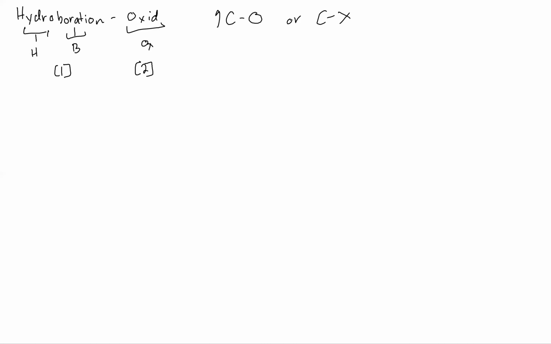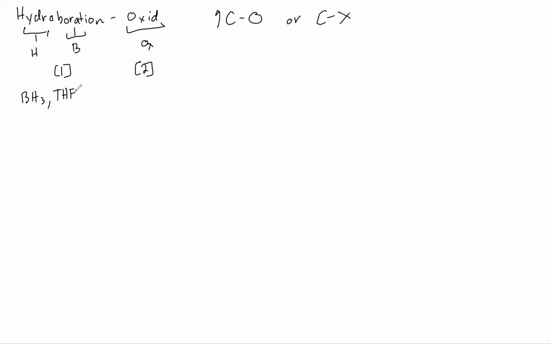Okay? So the reagents that we're going to be using are generally going to be BH3 for the hydroboration. Usually this will occur in an aprotic solvent, which we usually use THF.